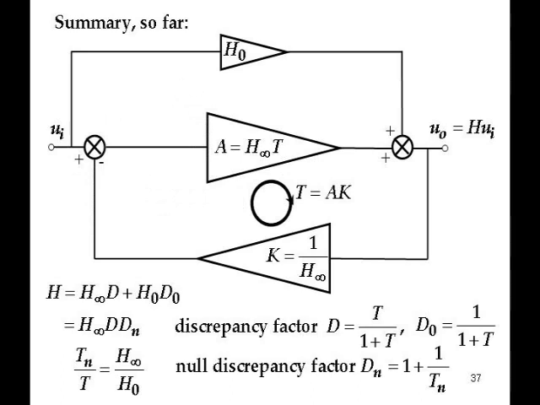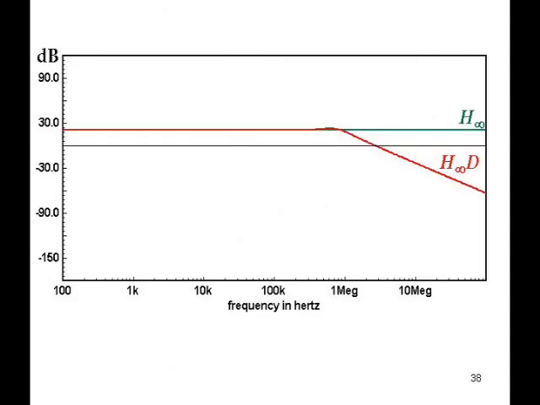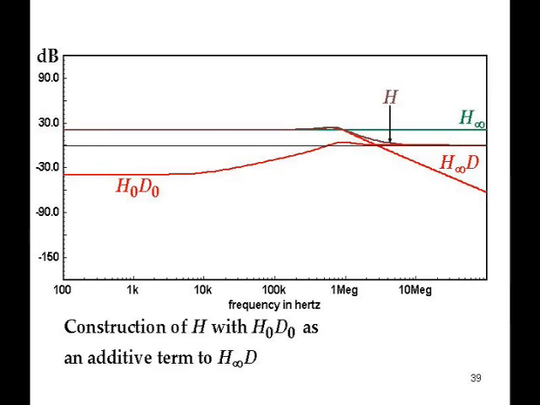So here's a summary as far as we've gone. This is the augmented block diagram, including the H0 term. Defines the discrepancy factor and the null discrepancy factor. And this is the basic result without the non-ideality, showing that the loop gain drops off at high frequencies and the closed loop gain follows it. And here's the added term representation.